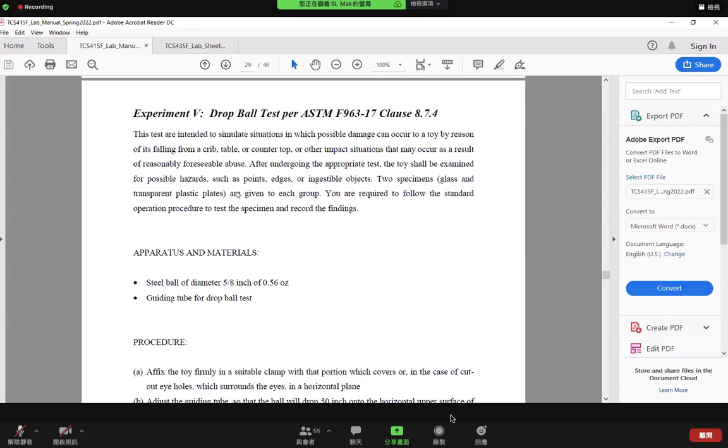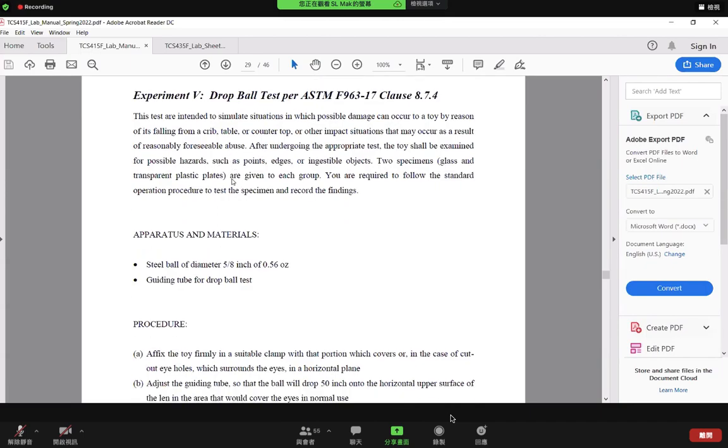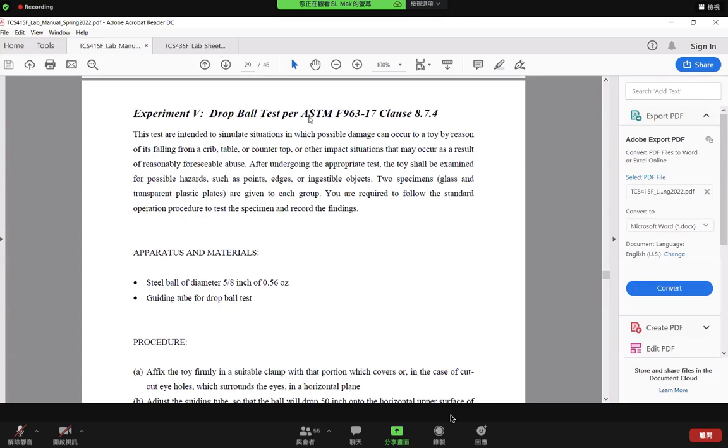Experiment 5 is talking about the drop ball test. We will follow a standard, ASTM, the 2017 version, to check, for example, the glasses. Actually, sun glasses, toy glasses, or all real glasses will follow a similar procedure to check whether the lens will be cracked or broken after the test.